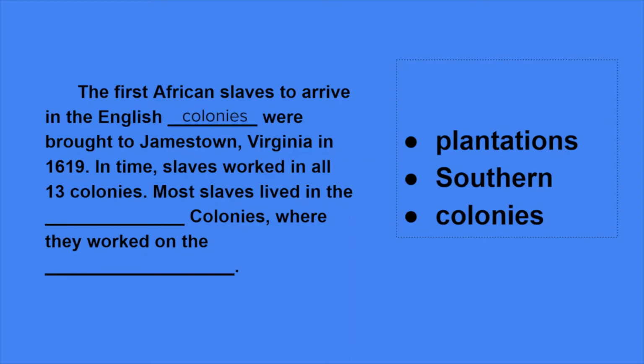In time, slaves worked in all 13 colonies. Most slaves lived in the southern colonies, where they worked on the plantations.